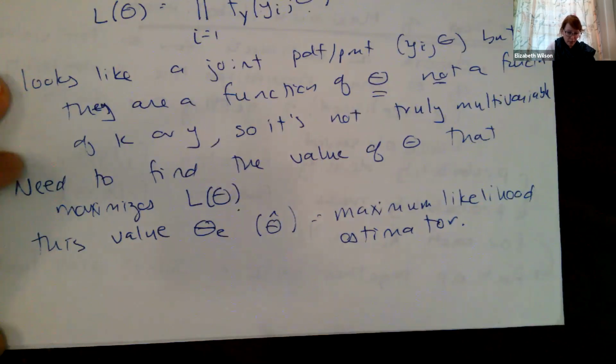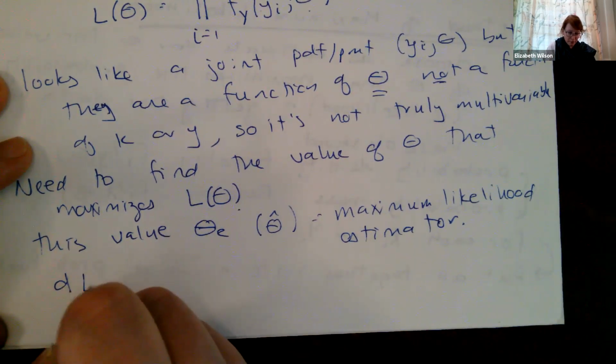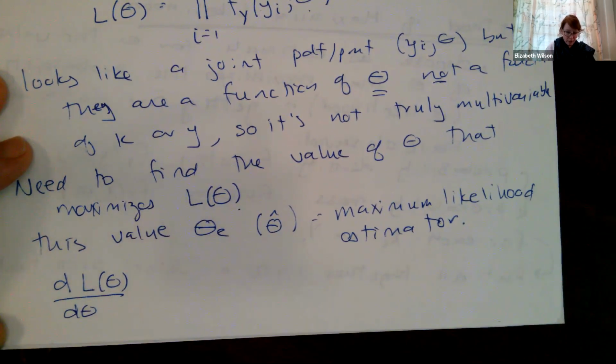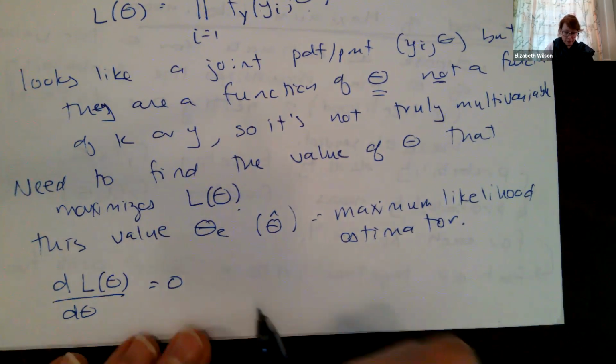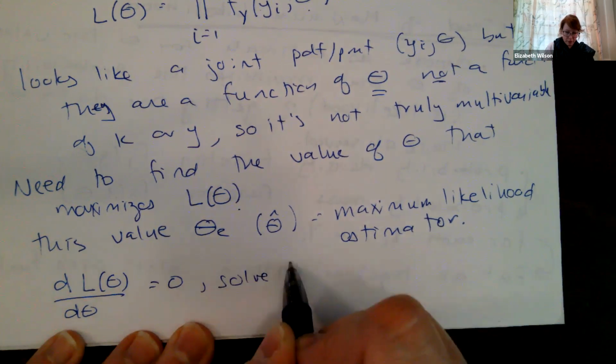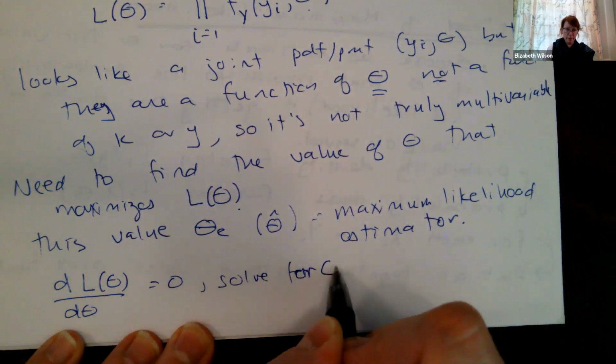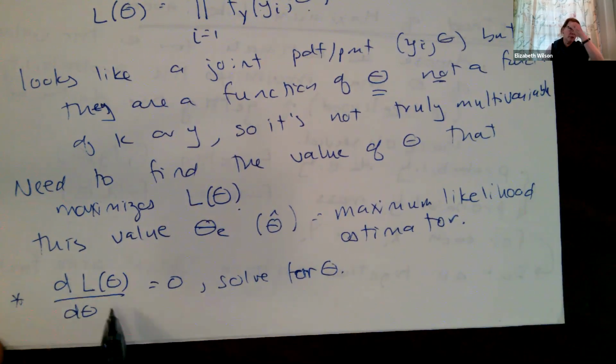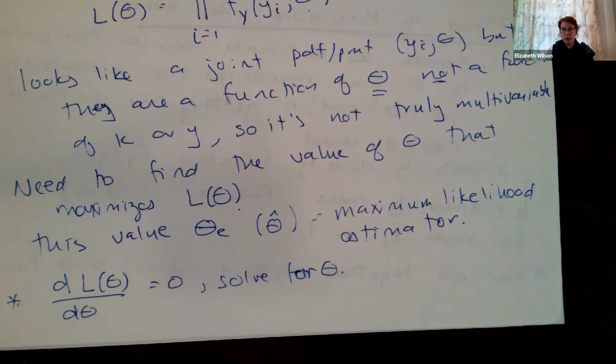So just the process: we're going to take the derivative of our likelihood function with respect to theta, set it equal to 0, and then solve for theta. Okay, so this is the process on how we're going to do it. How we come up with this maximum likelihood estimator is what we're going to be learning right now.